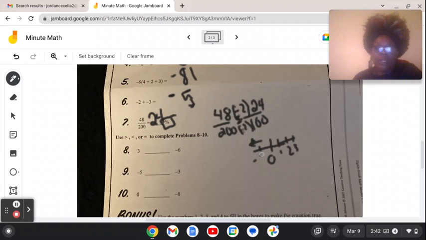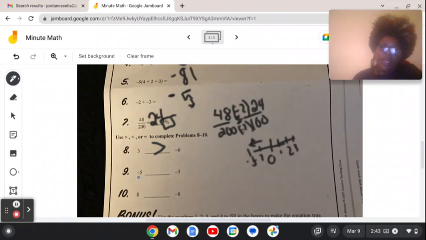So -6 is to the left, so we know it's smaller. Students would think it's greater because 6 is greater than 3. Yes, that is true, but not -6. So 3 is greater than -6, or reading it backwards, -6 is less than 3. The students know the open mouth always points to the larger number, and the pointer always points to the smaller number.